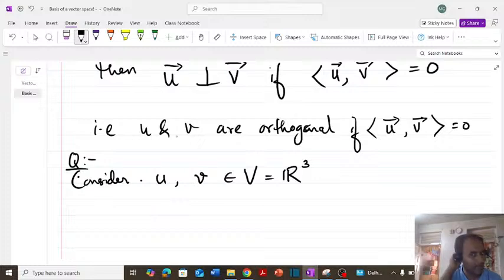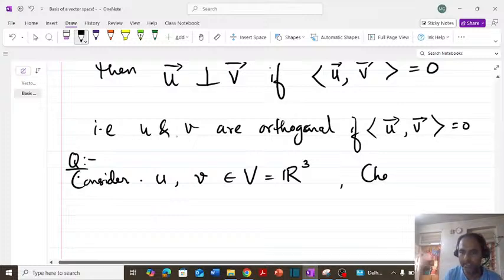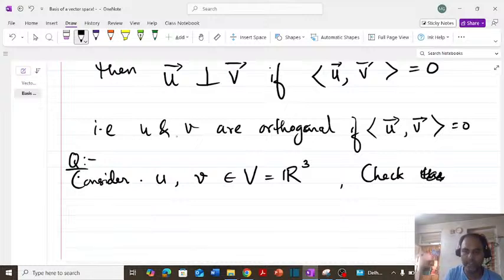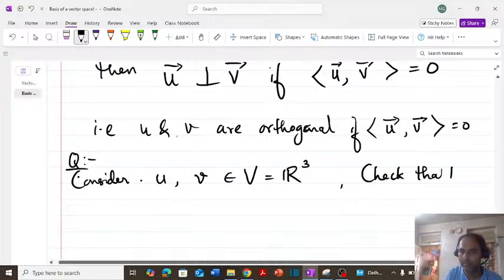Check whether u and v are perpendicular or not.